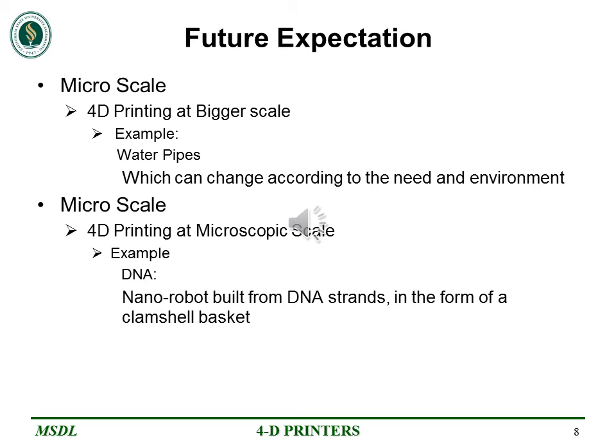So if the environment around them changes, the ground moves or demand changes, we have to dig it all up and start from scratch. But with 4D printers, we will be able to build adaptive water pipes which can expand or contract themselves. So ultimately it will act like a robot which doesn't have electric wires.